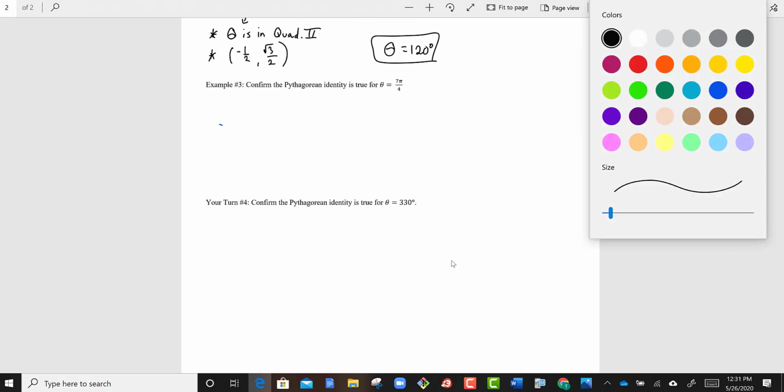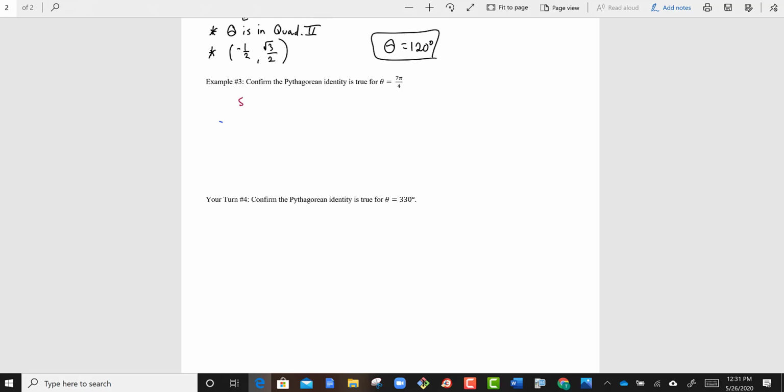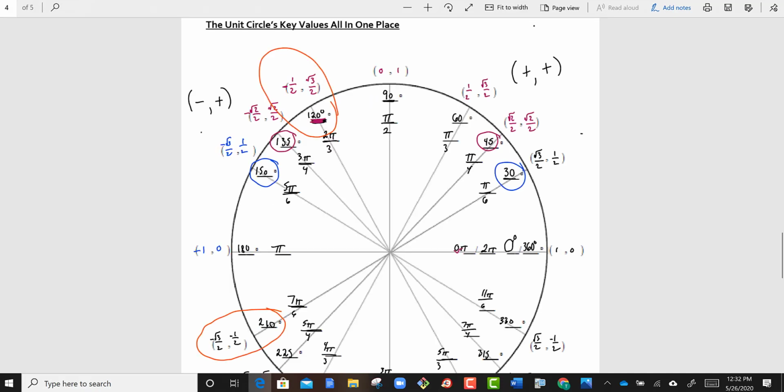All right, finally, they want us to confirm the Pythagorean identity is true for 7π/4. So basically, they want us to show that this plus this is going to be equal to 1. So I'm going to find 7π/4 on my unit circle.